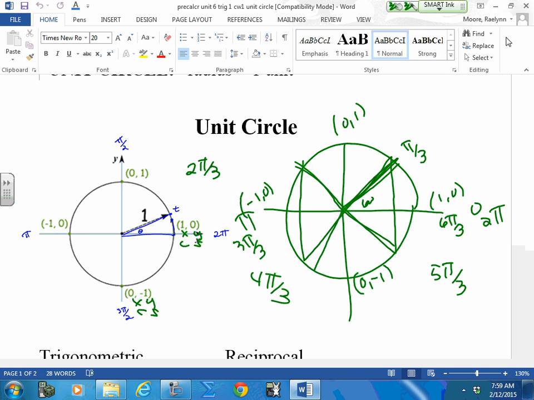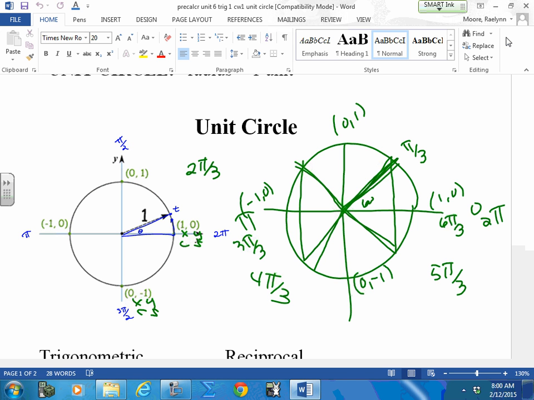I'm hitting you with a lot, but we're going to break these down one step at a time. But I want you to see the trick is not scary. It's just a circle, and all your angles rotate around the circle. And they're similar triangles, no matter what radius I use. Whether I use a radius of 1 and put it on a unit circle, or I use a radius of 100 and put it on a bigger circle, the angles are all the same, and the sides are in proportion.